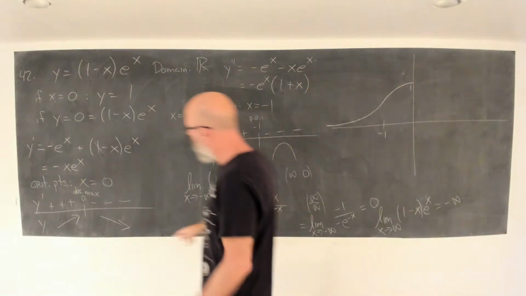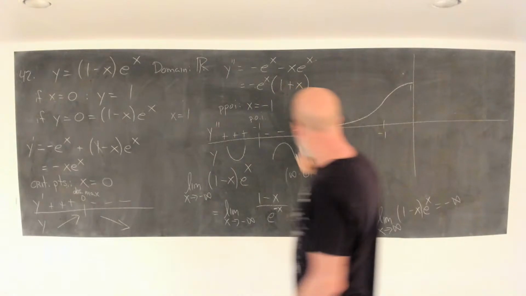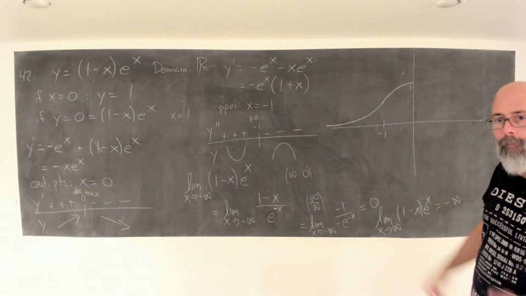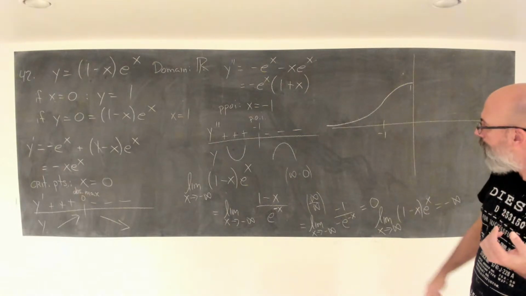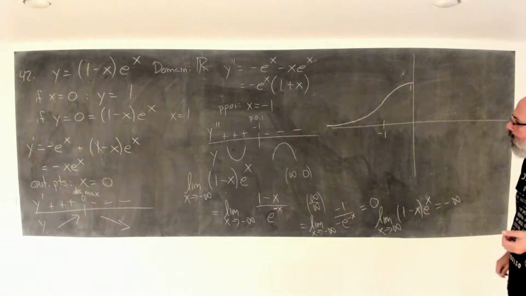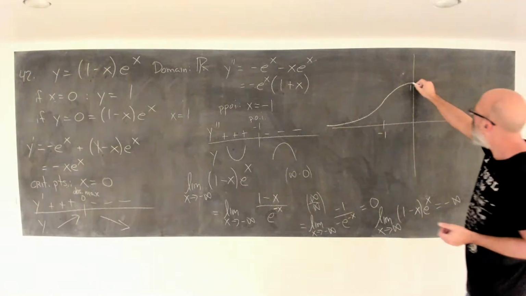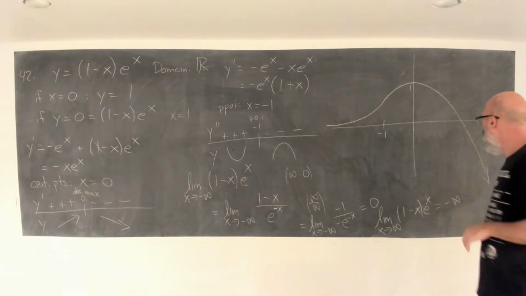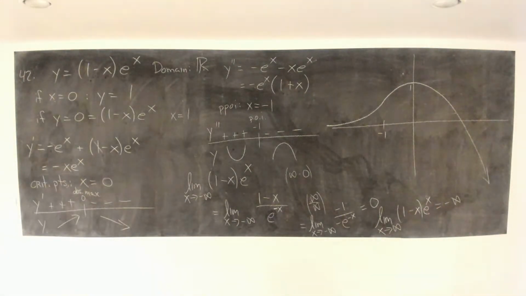After 0, you're decreasing, concave down forever. And where's the forever taking us? To -infinity. Decreasing, concave down, all the way to -infinity.